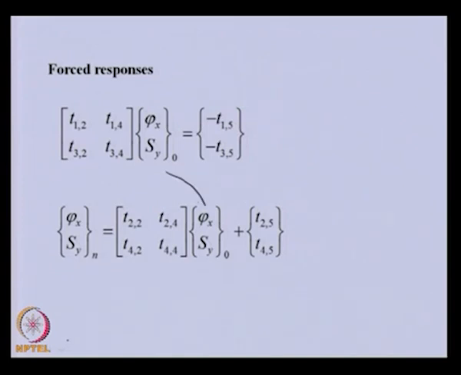And this we can then substitute here to get the state vector at nth station, because this unbalance will be known and all these terms will be field and point matrices including the speed will be known. So, we can obtain these responses for various speeds, and we can plot the response with respect to speed, how they vary. So, this is how we can analyze the forced vibration in the system.